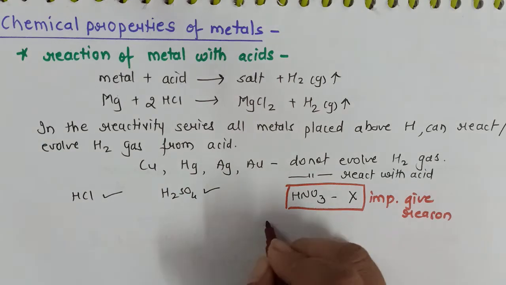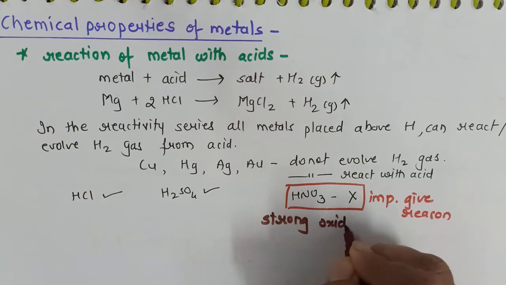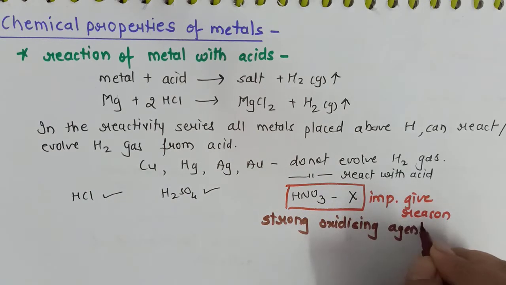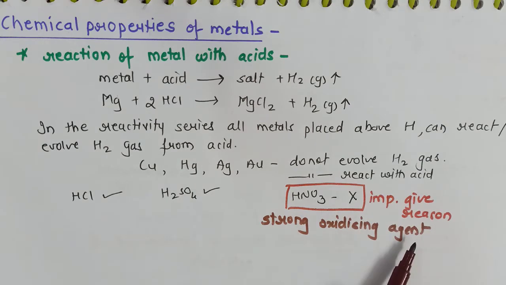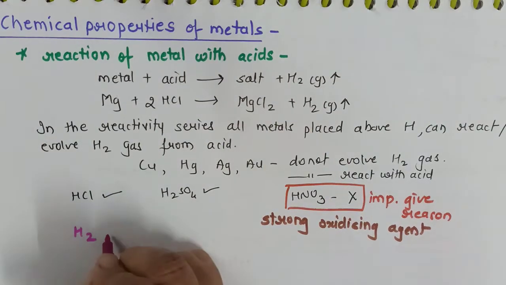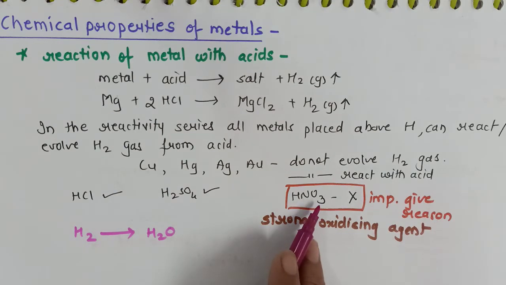Reason: nitric acid itself is a strong oxidizing agent. We have studied oxidizing agents and reducing agents in chapter 1. Therefore, whatever hydrogen is produced in the reaction will be oxidized to water. This is only in the case of nitric acid.